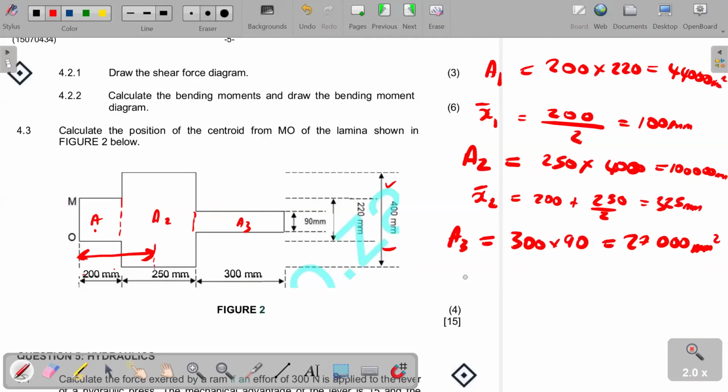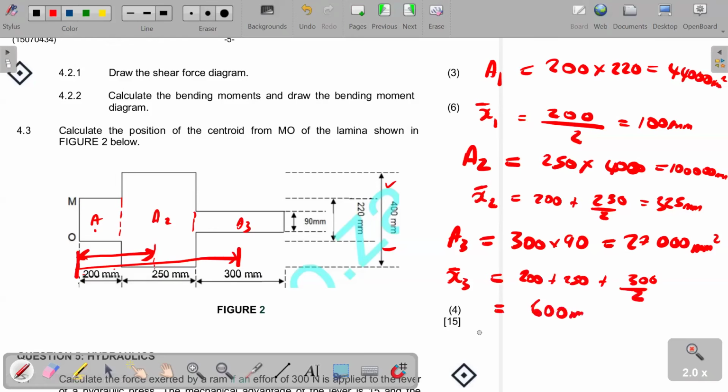Right, so moving on to X bar 3, the centroid X ordinate of this center here is going to be given by 200 plus, so we are considering now from this point right up to the center of this. So it's going to be 200 plus 250 plus 300 over 2. And that in turn gives us 600 millimeters.